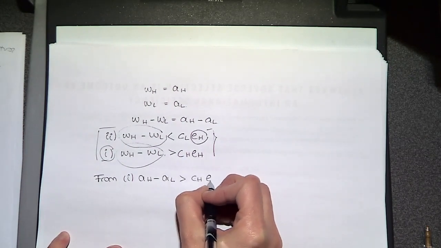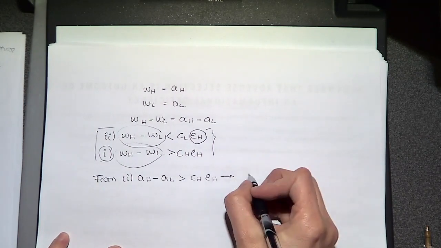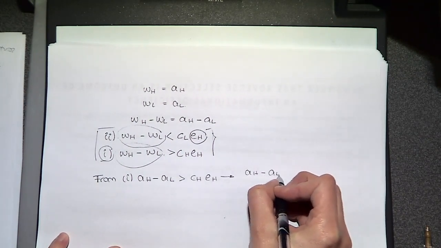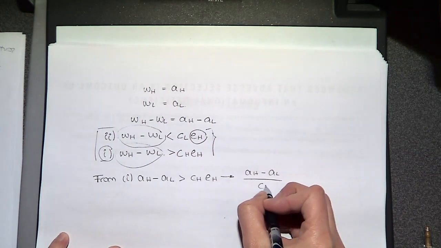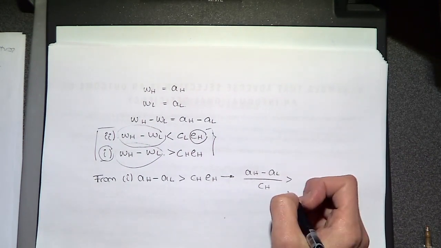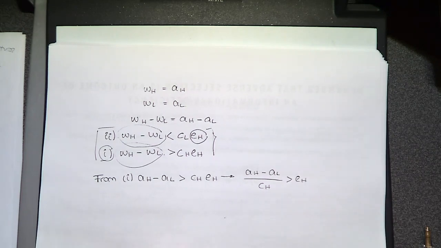You get the conditions, so if you reorganize, the ratio between the differences between the marginal productivity of labor and cost has to be higher than the optimal levels of education, yeah?